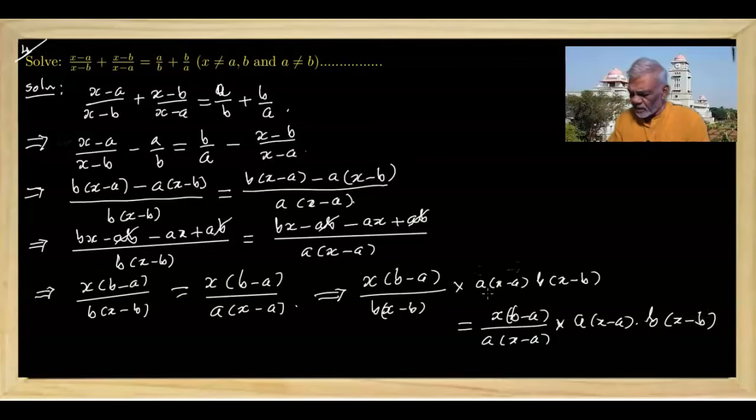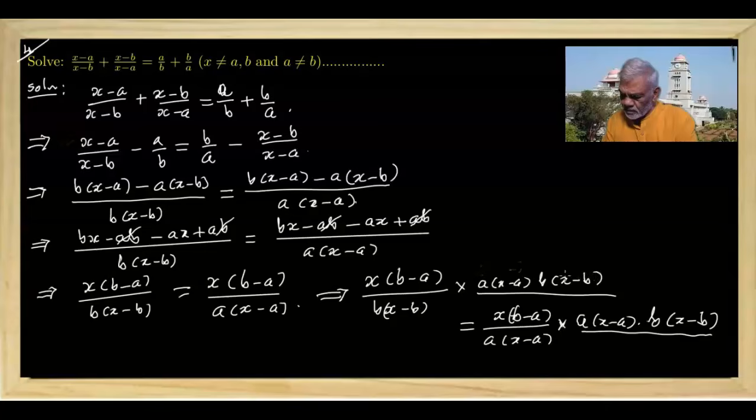What I have done here is multiply this factor on both sides of the equation, and therefore we can cancel this one with this, and similarly we can cancel this and this.